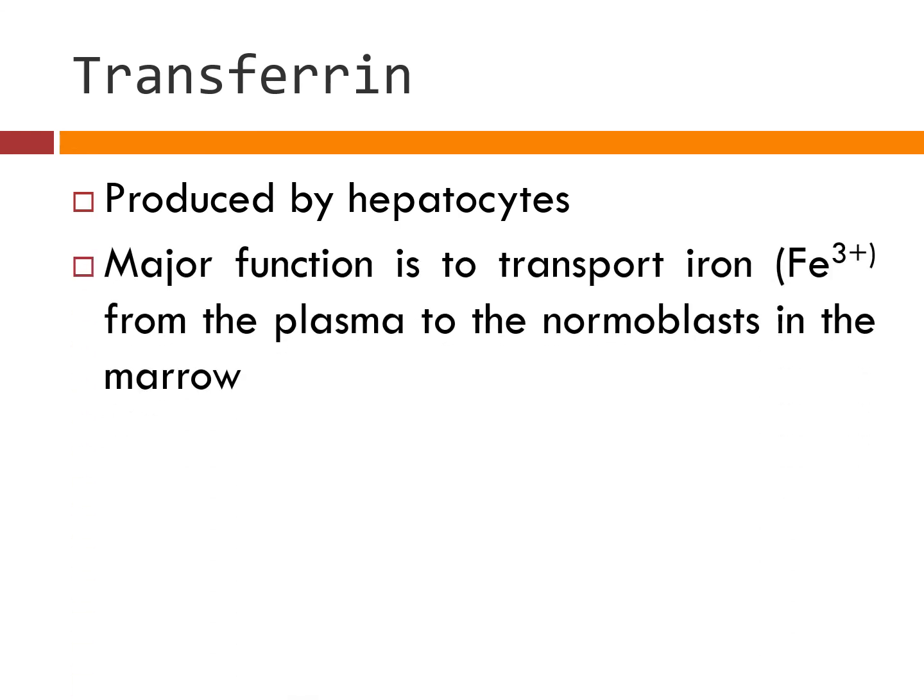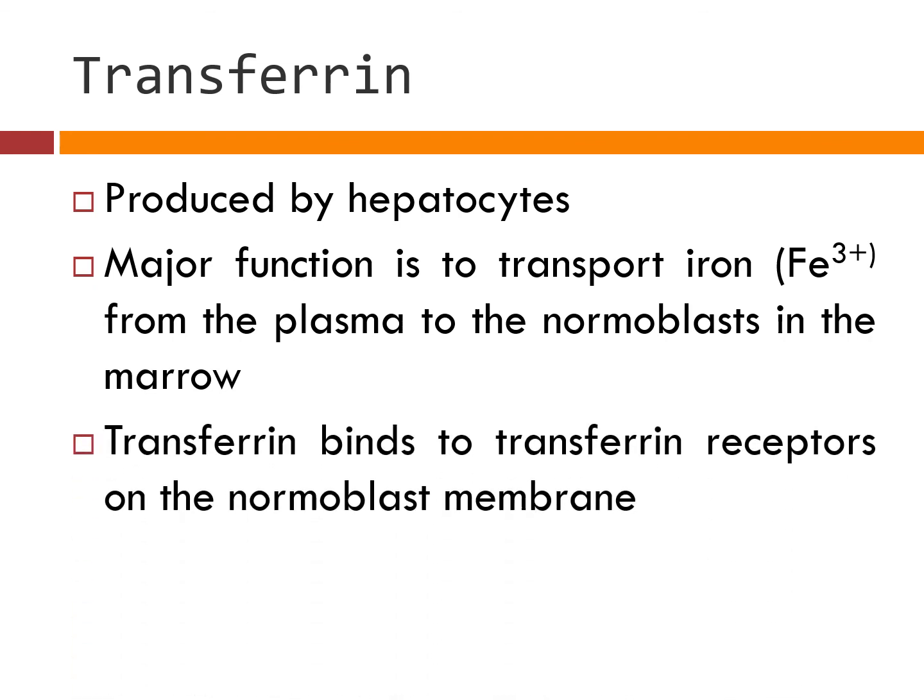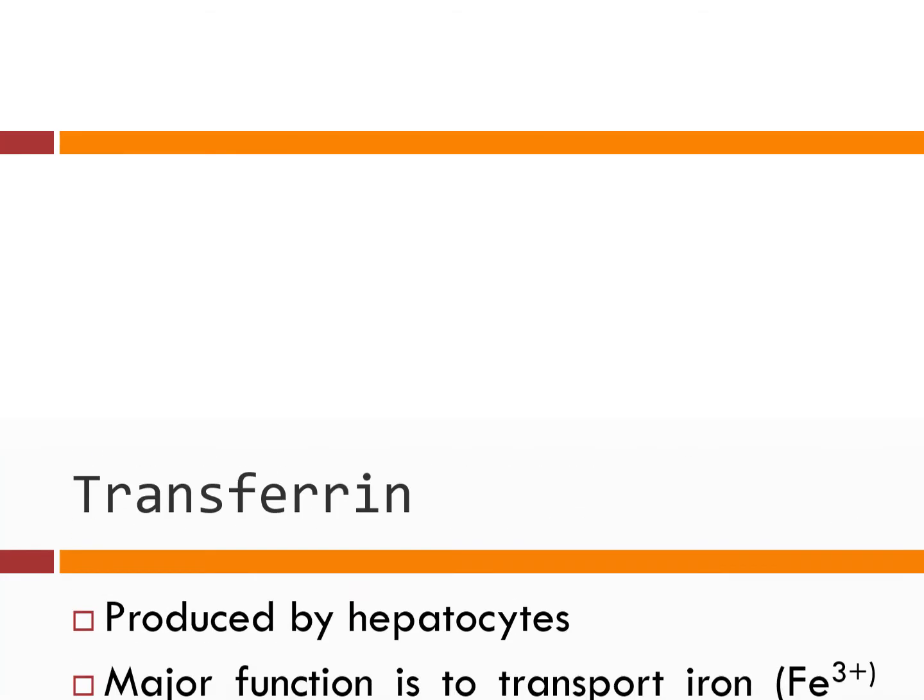The major function is to transport your ferric form of iron from the plasma to the normoblast in your bone marrow. And transferrin binds to your transferrin receptors on the normoblast membrane. And the half-life of your transferrin is 8 days.